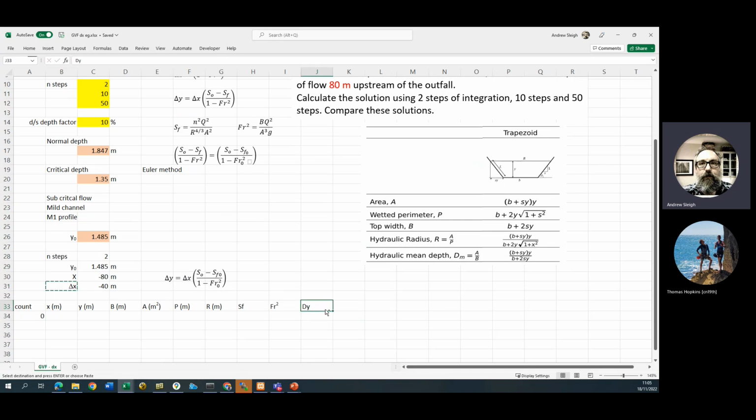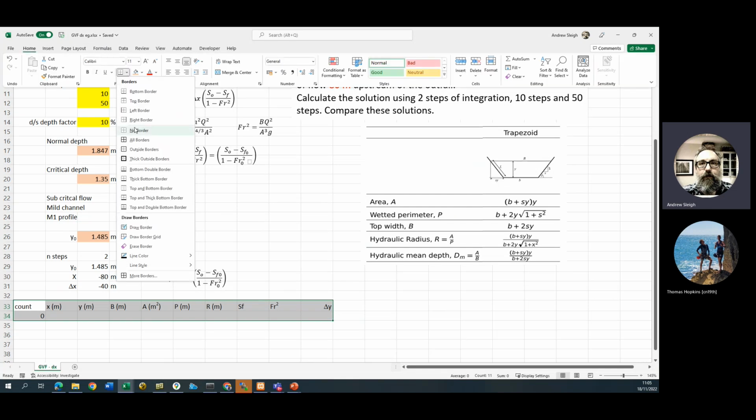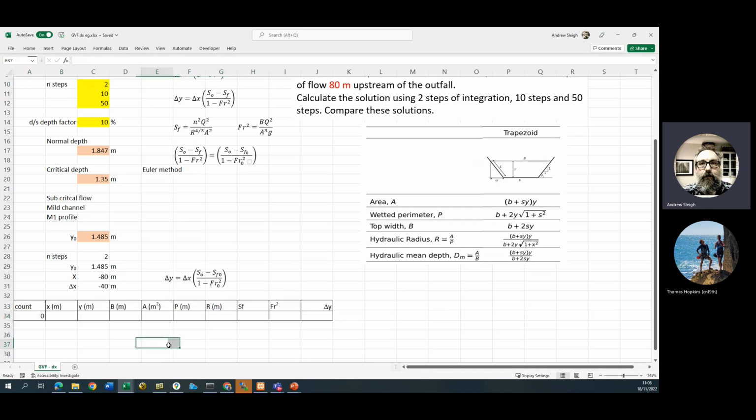Rather than go looking for that font, I can just change this to dy. This is in the table. Let's just put a grid on it so it's a bit clearer, clearly an iteration.